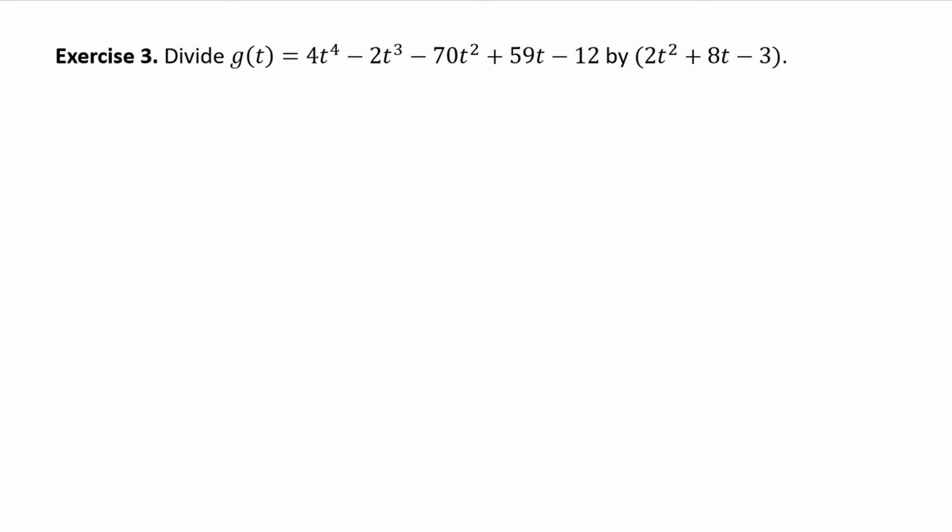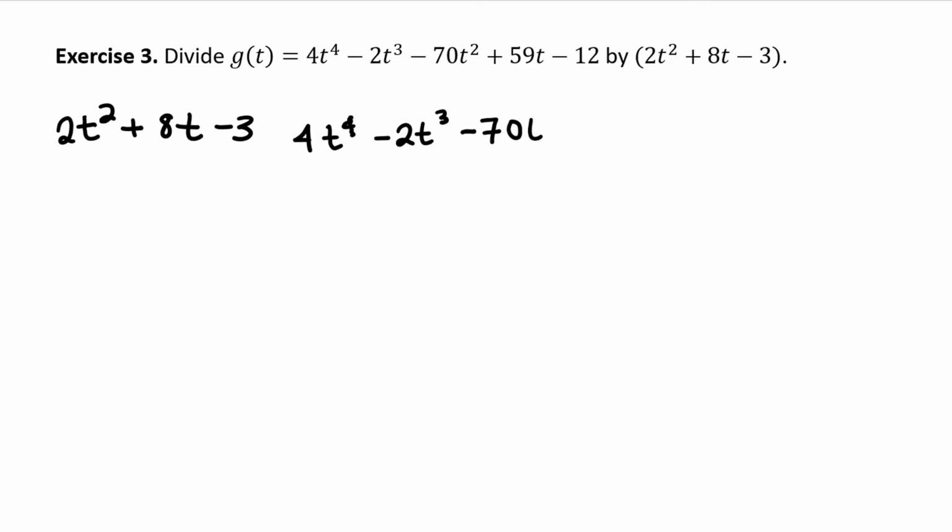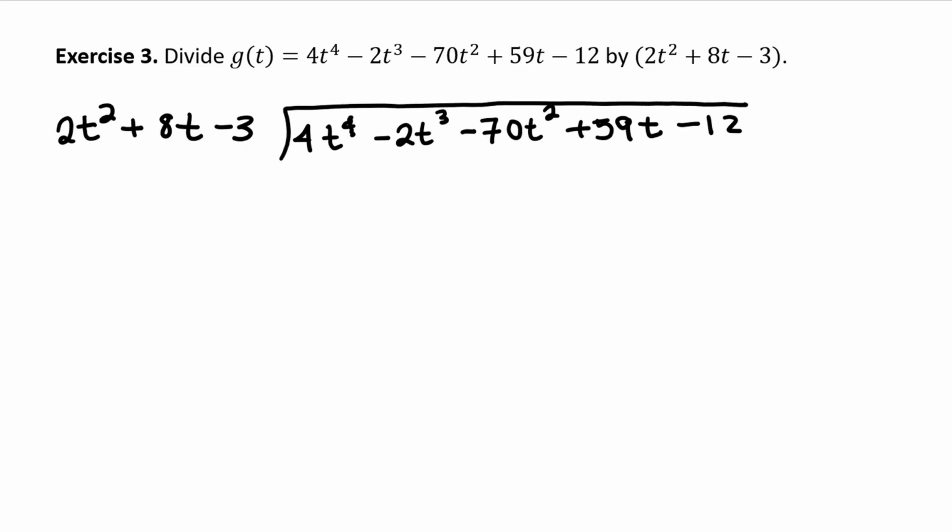We'll write the divisor 2t squared plus 8t minus 3, and next to that let's write 4t to the 4th minus 2t cubed minus 70t squared plus 59 times t minus 12, and we'll put the division notation. And now we're ready to begin.